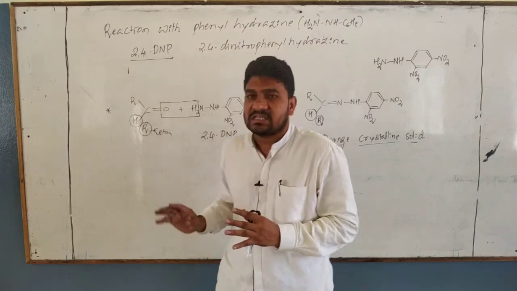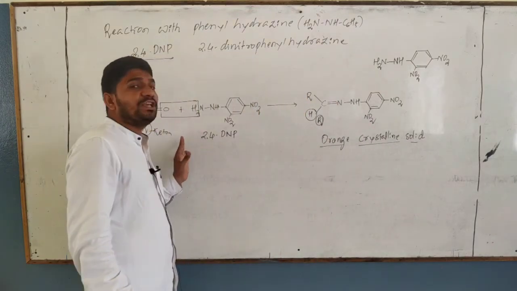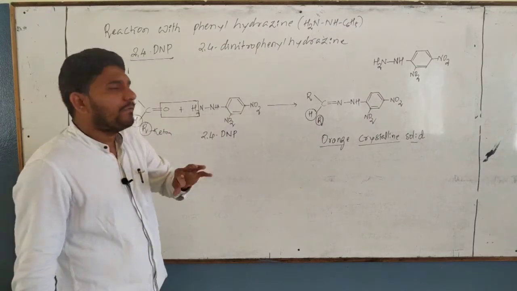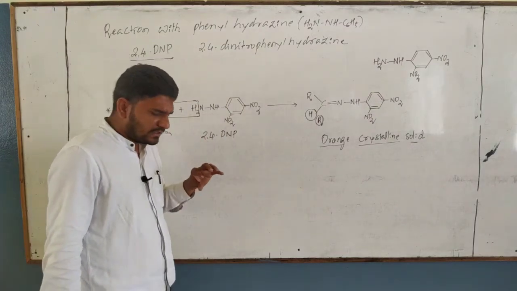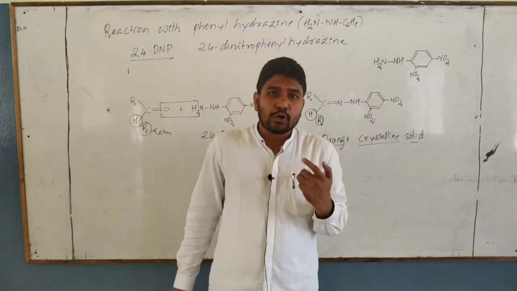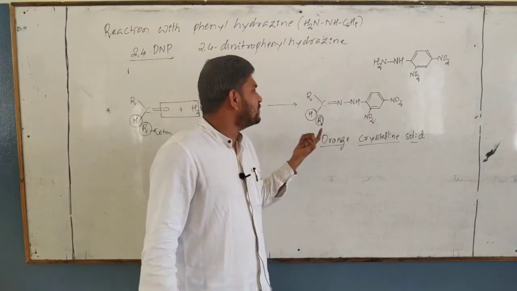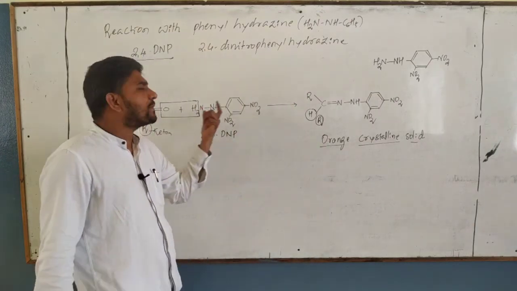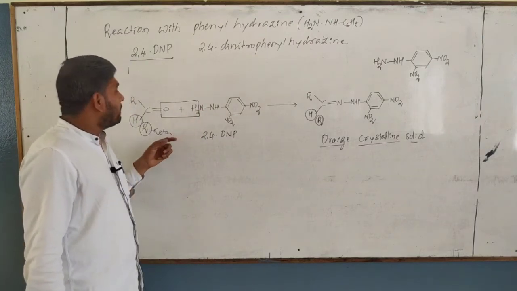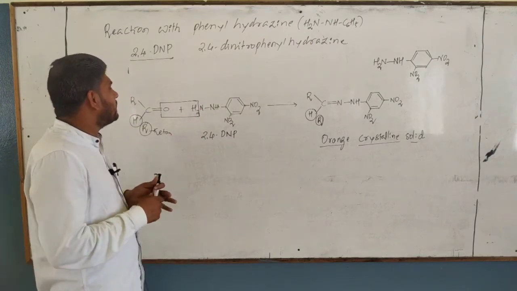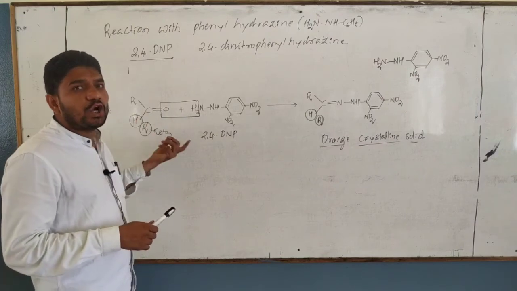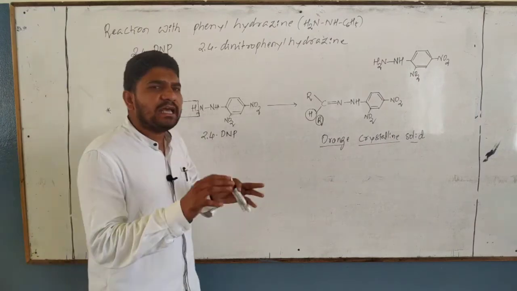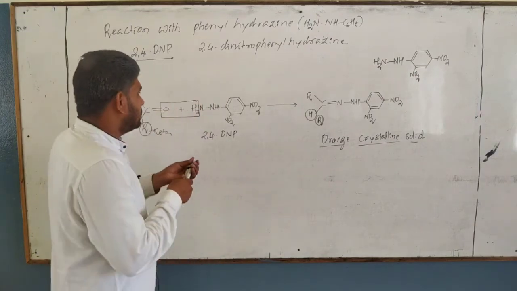This is a test. This test gives the type of the compound, whether it is a carbonyl or a carboxylic acid, means through this you can find out a functional group present in the compound, that is carbonyl. But I can't say particularly that it is aldehydic or ketonic. I can say just it is a carbonyl.